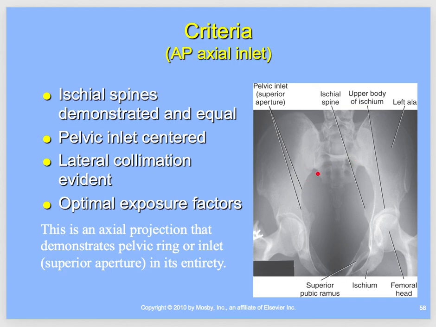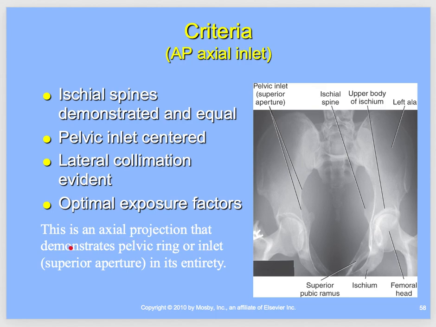So the inlet, you're going to see the elongation of the sacrum and the coccyx. You're going to see your ischial spines really well. The inlet superior aperture here, the upper body of the ischium here, the left ala, the right ala, those are all elongated.